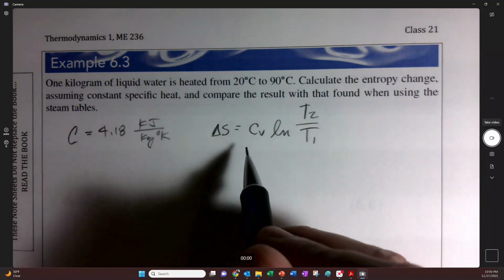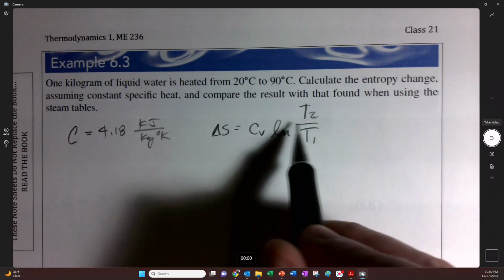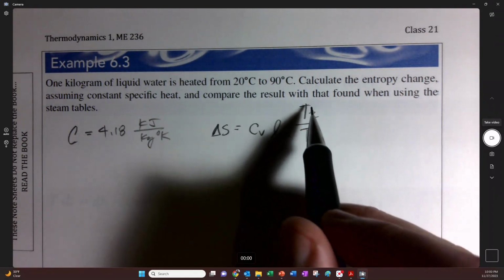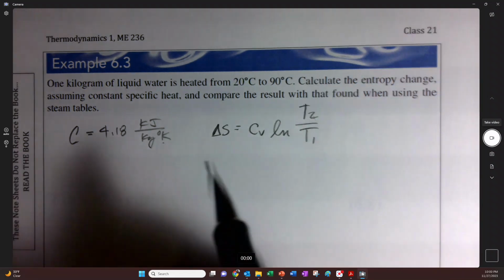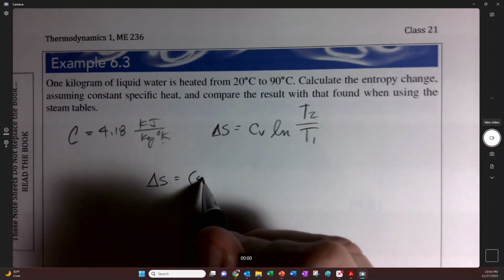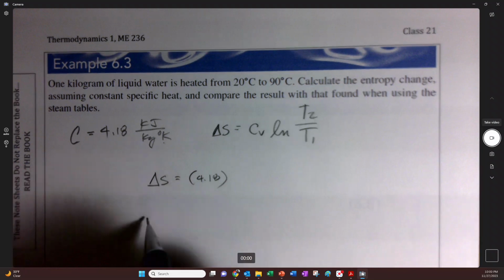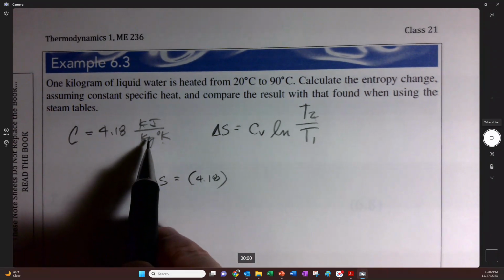If we plug all those things in there, remember that in order to do these kinds of relationships we're in Kelvin, so everything has to be absolute. So delta S is going to be 4.18, which is in the units we want, kilojoules per kilogram degree Kelvin.